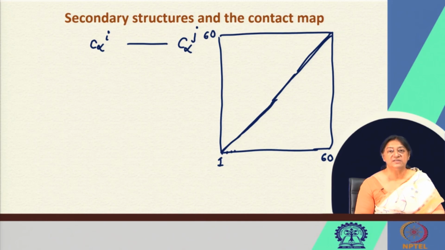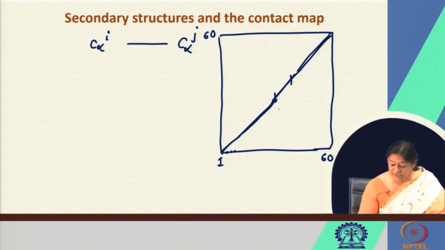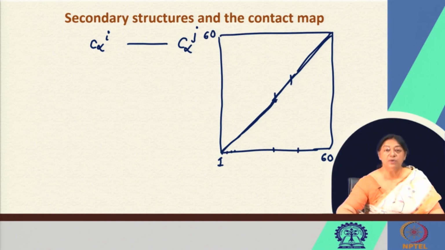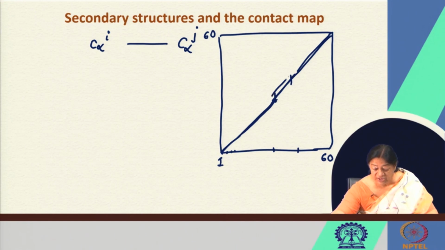Now, say I have a helix around this region. We know that helices are contiguous in nature. So, say I have a helix from around 25 to 35. What would I expect? I would expect 25 to be close to 26, which is natural, but I also expect hydrogen bonding between i and i plus 4, which means there is going to be a thicker band along this helix region, telling me that residue number 25 is in contact with 29.